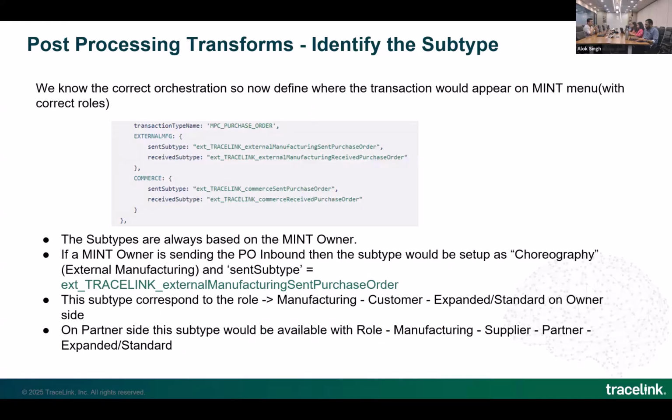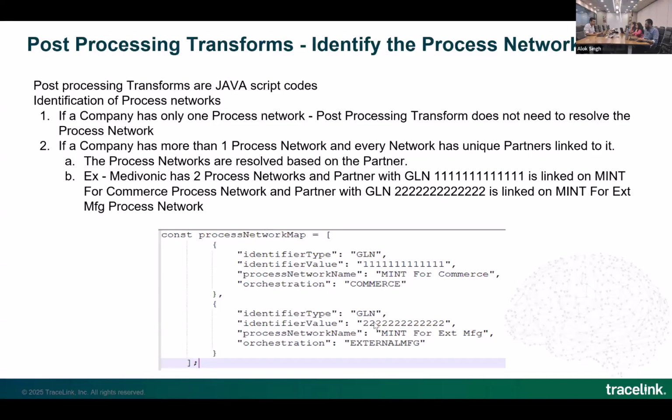So the second thing is knowing the correct orchestration, or this is where we talk about subtypes, right? So that we know where we would display this information on the Mint screen. You saw in the last slide that we were able to identify the orchestration, commerce or external manufacturing.